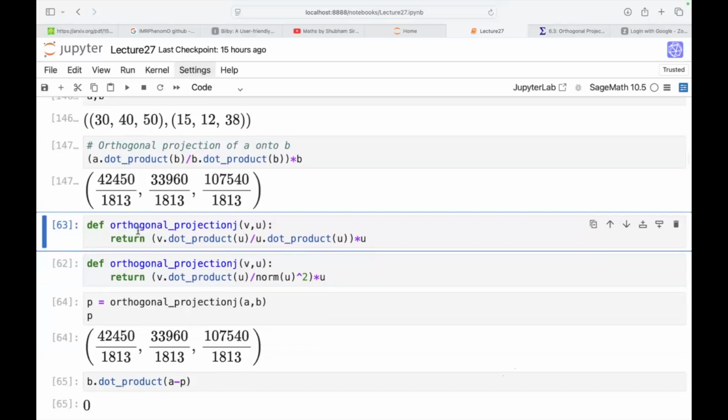The orthogonal projection of v in the direction of u is written as v dot product u over u dot product u.